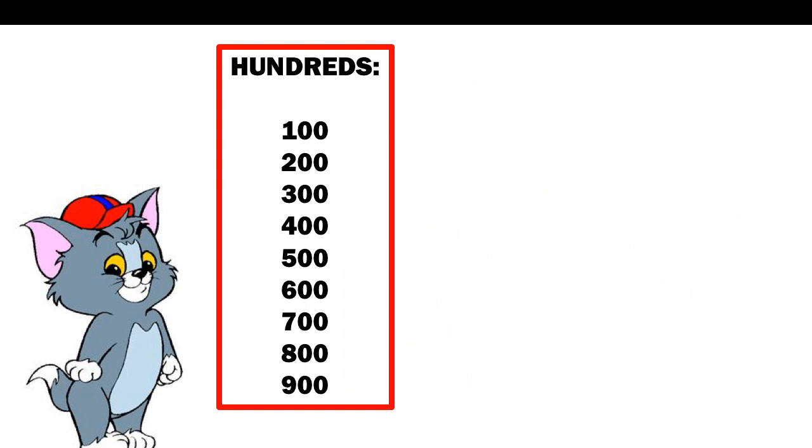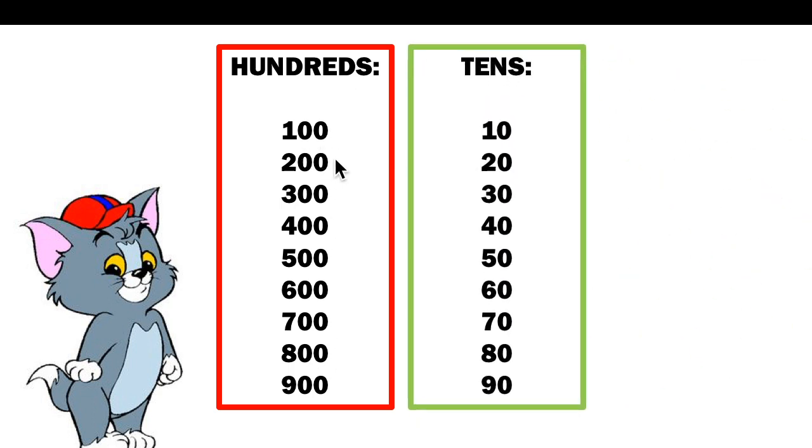Here you have to revise at home the hundreds. 100, 200, 300, 400, 500, 600, 700, 800, 900. Please, hundreds are written with 2 zeros every time. Tens. This is 10.